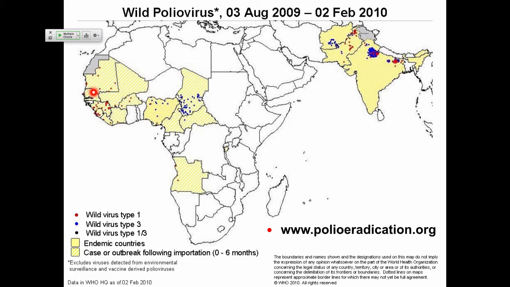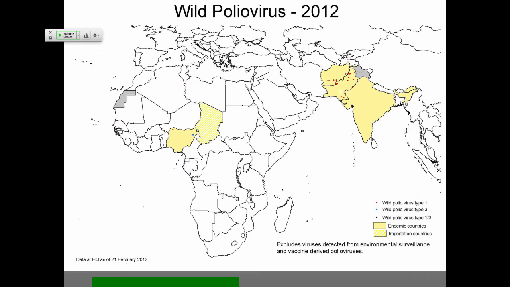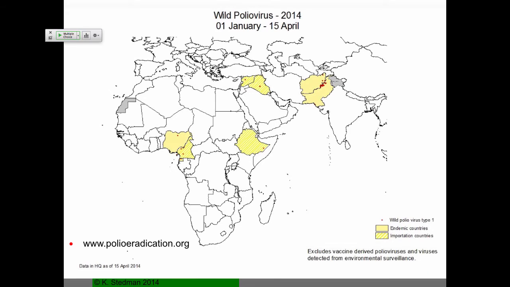Very widespread in West Africa, Central Africa, India, Afghanistan, and Pakistan. In 2012, much less of this. Few cases in Nigeria and Chad, India, Pakistan, and Afghanistan. 2014, a couple more cases are popping back up here.